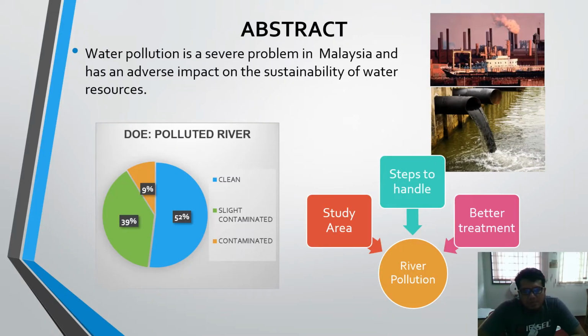For the abstract, water pollution is a severe problem in Malaysia and has an adverse impact on the sustainability of water resources. Based on DOE, Department of Environment, data about polluted rivers, 52% of rivers in Malaysia are in clean condition, 39% are slightly contaminated, and about 9% of the total rivers in Malaysia are in contaminated condition.